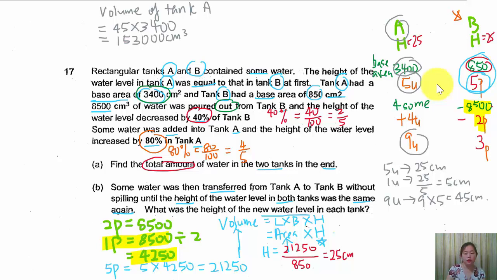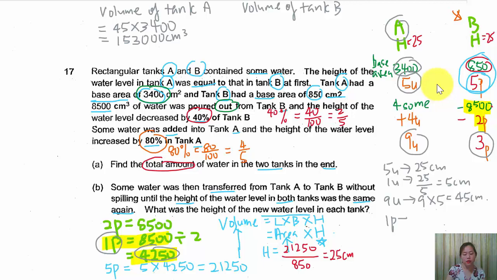Now to find the volume of water in tank B, first we remember that 1 part is 4250.